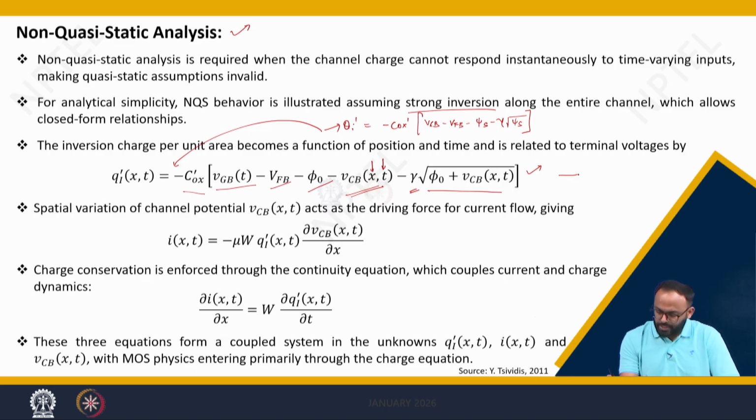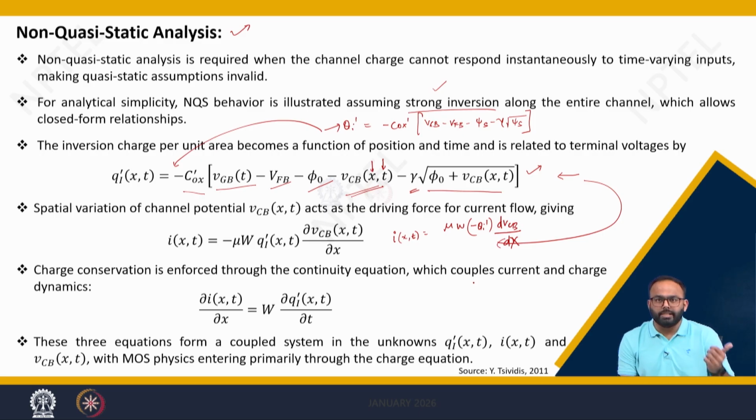So this is the equation which we can use in our basic current equation. As we are considering strong inversion, we can write the drift current equation as I(x,t) equals mu into W into minus Qi into delta VCB divided by delta x. That is what we considered when we were talking about DC analysis, where it is not a function of x and t.